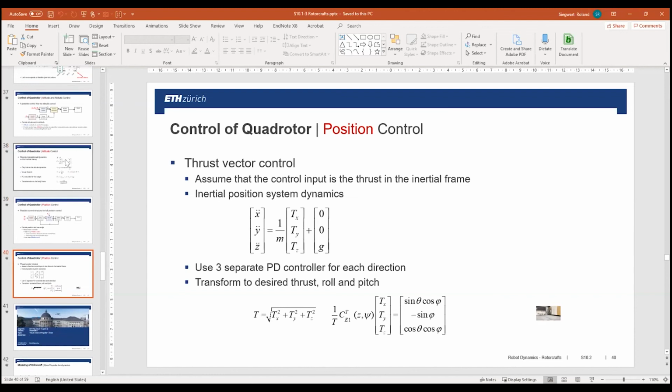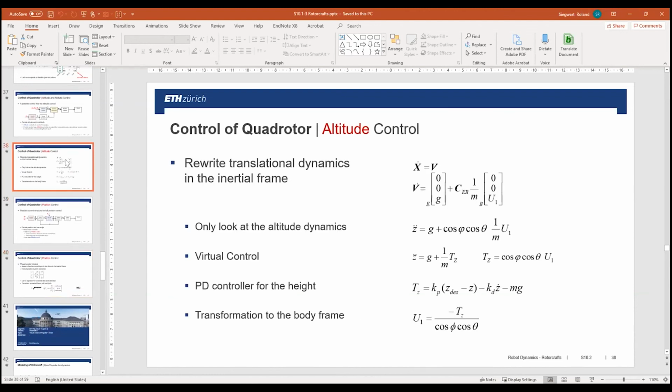So there's a question on page 38. Should there be a minus on the equation? Of course, this minus and plus is always a question of how you define your system. As you can see here, we have a plus.